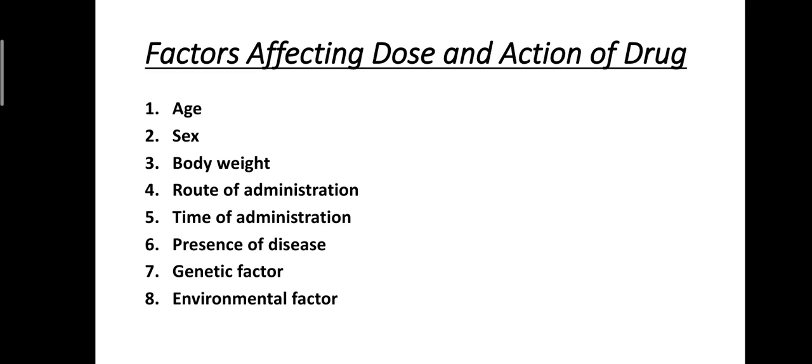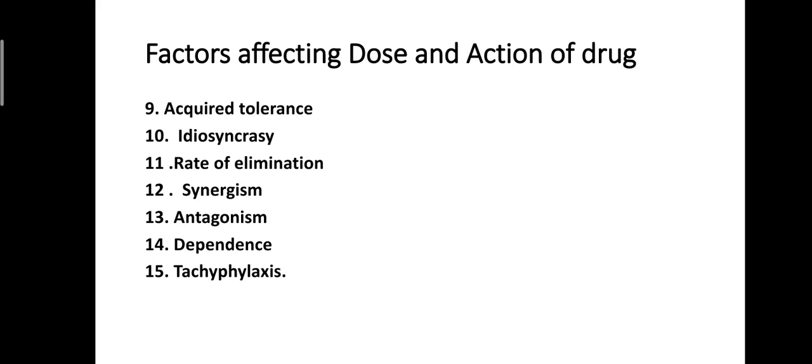Factors affecting dose and action of drug: there are 15 factors which are age, sex, body weight, route of administration, time of administration, presence of disease, genetic factor, environmental factor, acquired tolerance, idiosyncrasy, rate of elimination, synergism, antagonism, dependence, and tachyphylaxis.